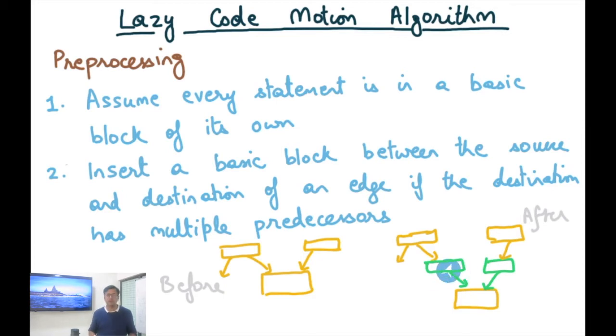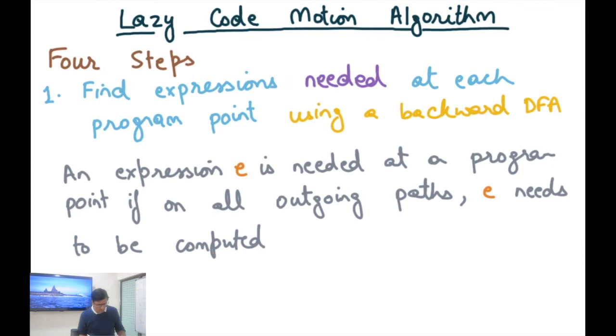If I add it to an empty basic block, there is nothing there, so at the beginning of that basic block I can add something as well. So I can add something to the beginning of a basic block where every instruction is in a basic block of its own, and then every basic block that has more than one predecessor, we add empty basic blocks on the incoming edges. Alright, there are going to be 4 steps to our algorithm.